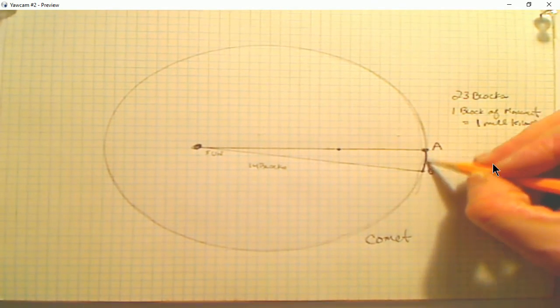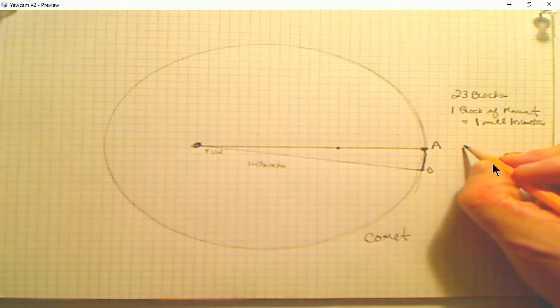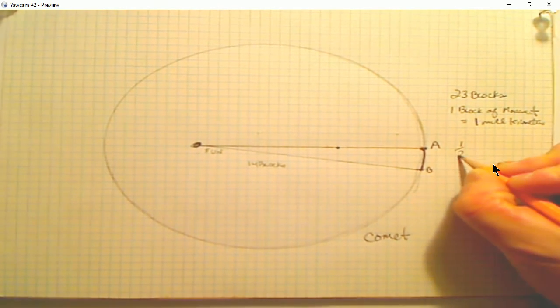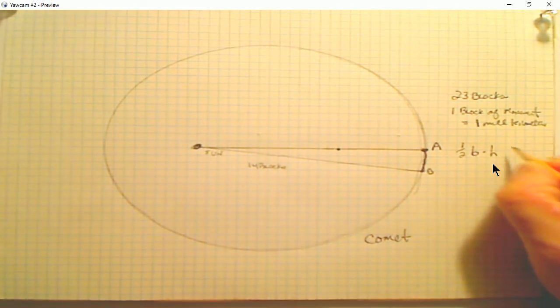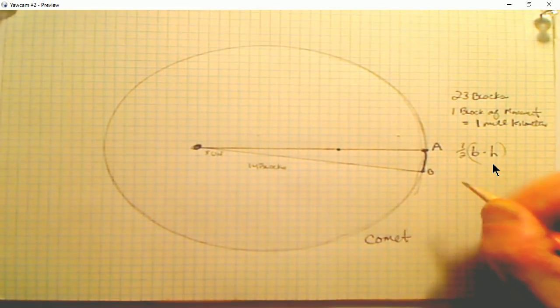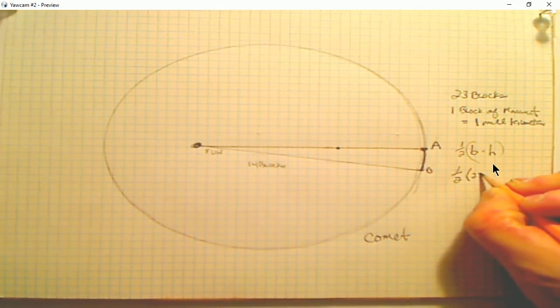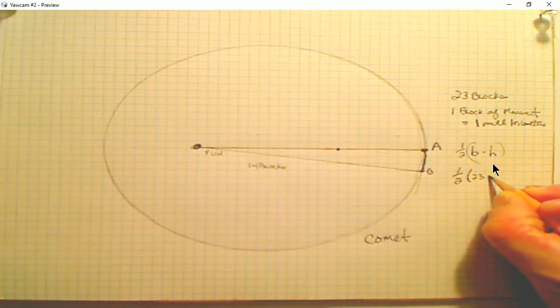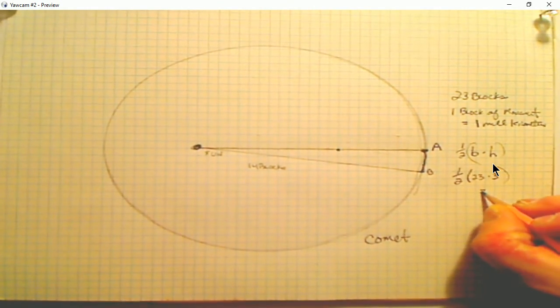This is roughly a triangle, pretty close to a triangle in approximation. And of course, the area of a triangle is 1/2 base times height. 1/2 the base, this part, 23 times 3. We went 3 spaces. Gives us that area.